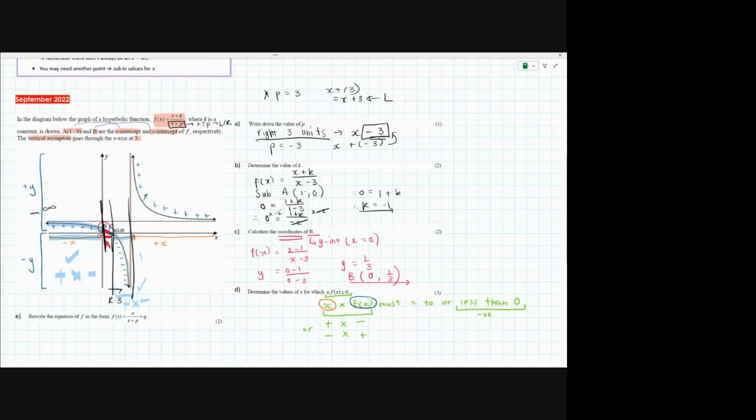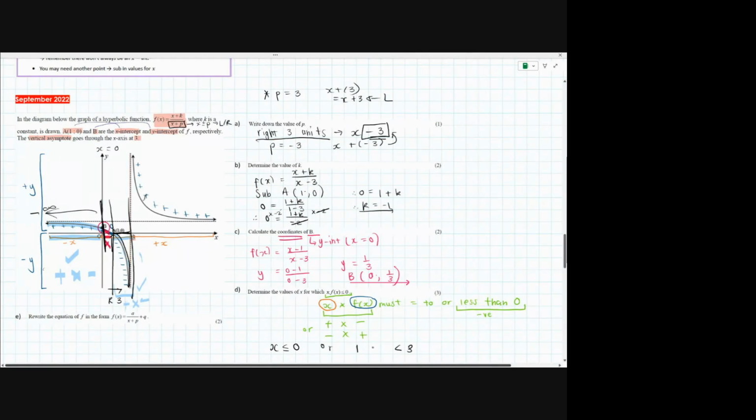So if we consider this first section here, from b to negative infinity, this would be x less than or equal to 0, because remember on your y-axis, x is equal to 0. And for this tiny little section here where your hyperbola is negative but x is positive, we have from positive 1 to 3.